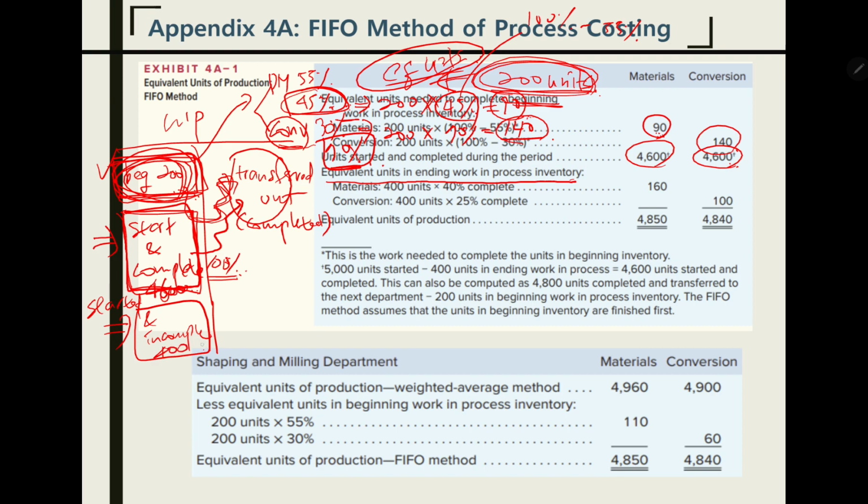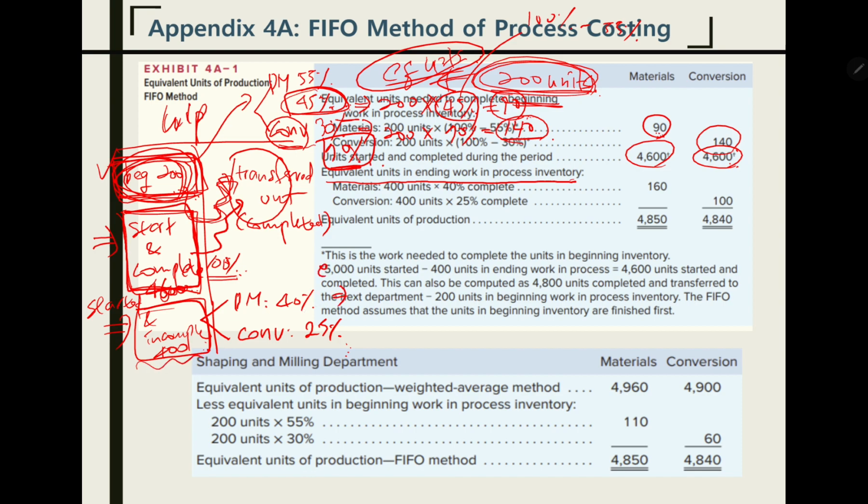And for this ending inventory, the direct material completion percentage is 40%, and the conversion cost completion percentage is 25%. Then how much effort is put into this work in process during this period?